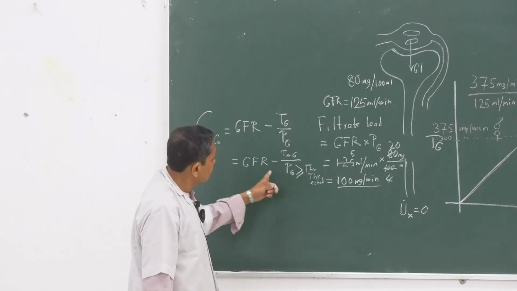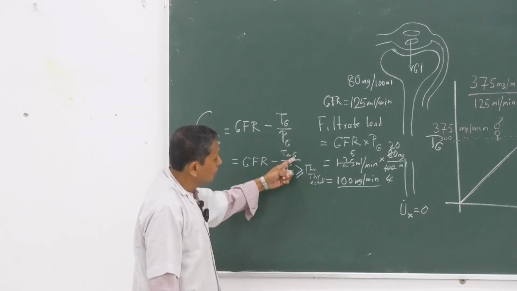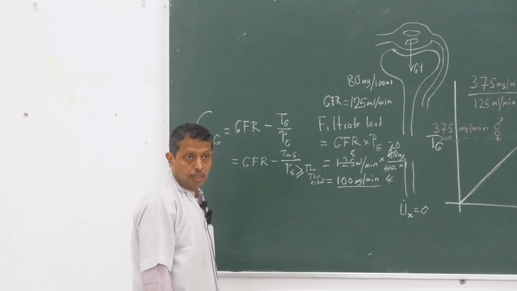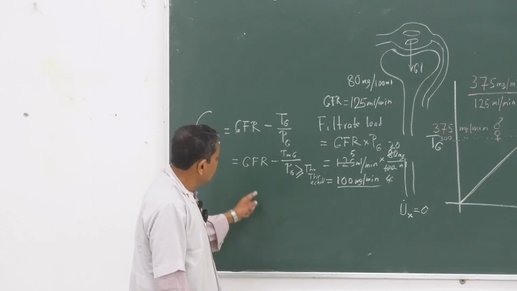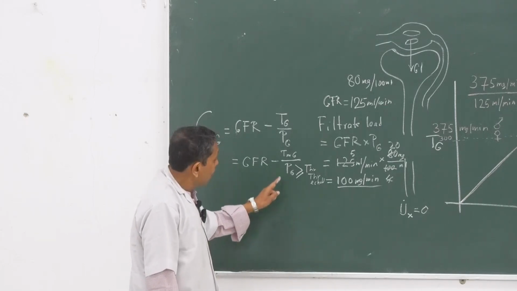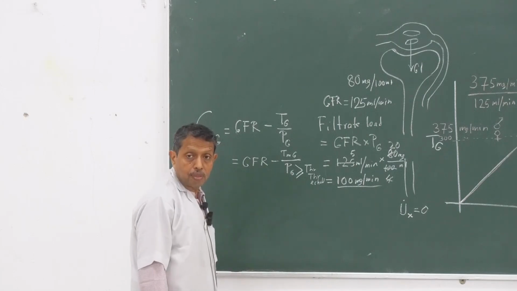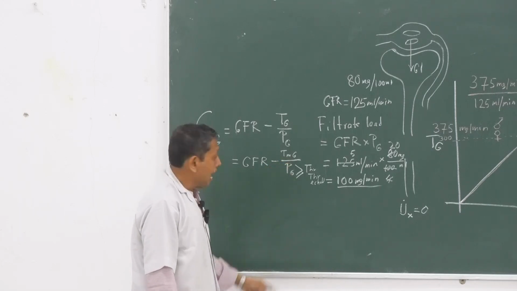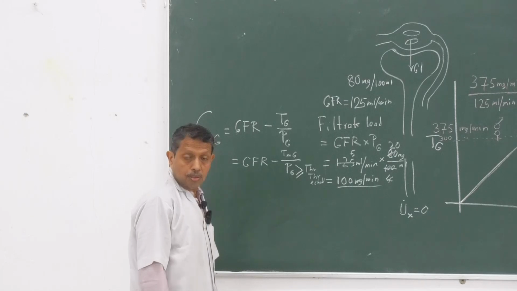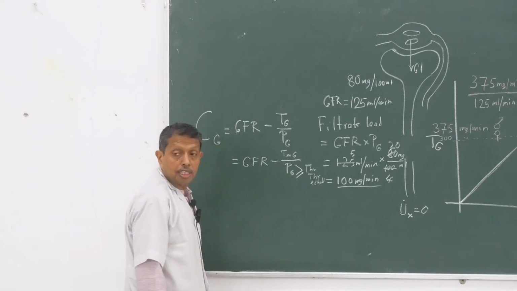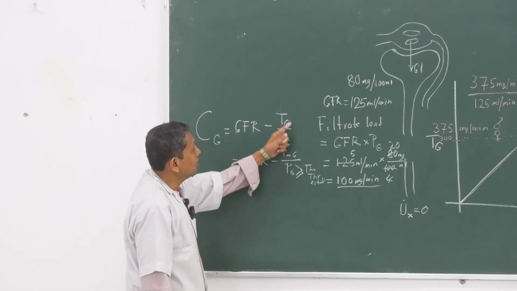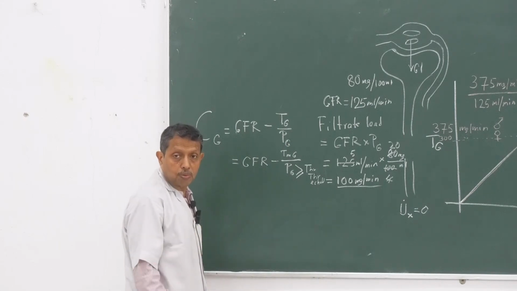So whenever it is going on, then TMG becomes constant, but this denominator will go on increasing. So initially its clearance is 0, but it will approach gradually to that of the GFR. Because TMG is constant, this is increasing, so this part will become reduced. Normally there is no transport, all is reabsorbed.